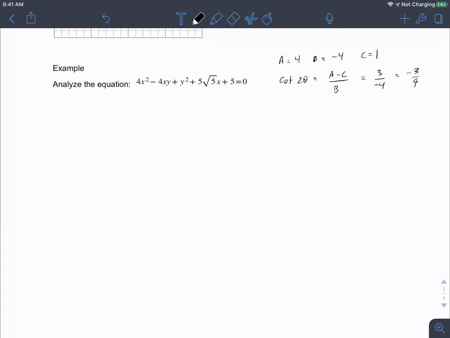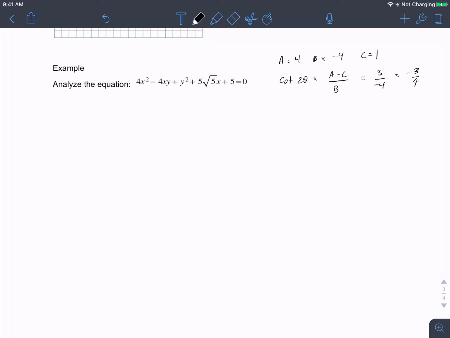Some of the information that we were given earlier is that in order to be able to turn it into the primes, we need to convert to sine cosine. And so to convert to sine cosine, we need to know where we're at.